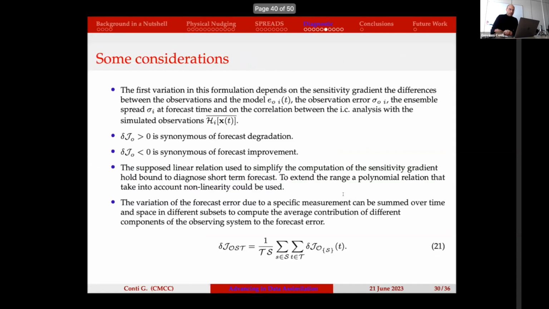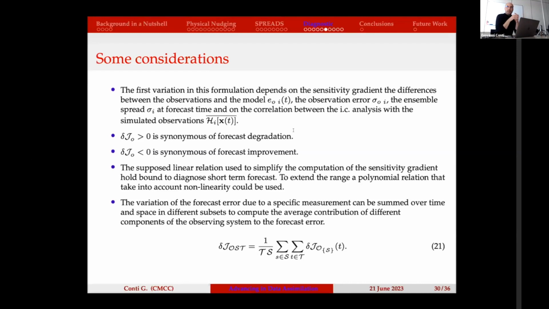So the first variation in this formulation depends on the sensitivity gradients of the models, on the observation error, on the simulated observation. When delta J is larger than 0, it is synonymous with forecast degradation; less than 0, with forecast improvement. To suppose a linear relation, we need to consider a short forecast. Otherwise, we need to extend the range with a polynomial relation.